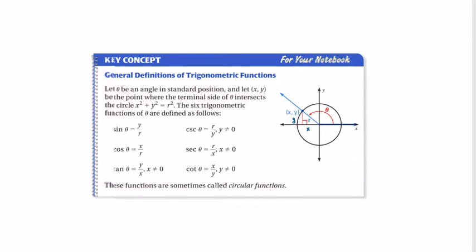So the 6 trig functions are still going to be referenced as ratios here. Instead of being opposite over hypotenuse, we need to think of it as y over r for sine, and then cosecant would be r over y, cosine is going to be x over r, and then the tangent is sine divided by cosine, or y divided by x, and the cotangent is going to be the reciprocal of that.